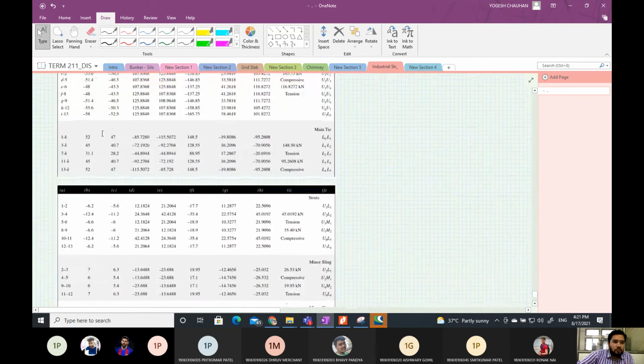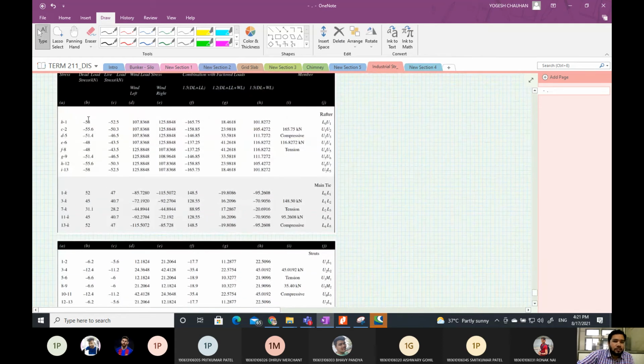So here we have taken compression as negative sign, compression negative, tension positive. So B1 is minus 58.